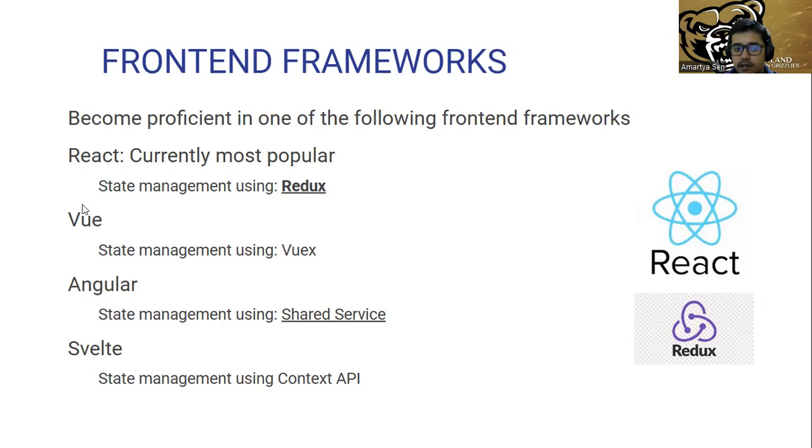For example, you have React, Vue, Angular, Svelte, and stuff like that. But the most popular and the most common one right now being used in the market is React.js. Okay, it's a library. It's a front-end framework library that is an extension of JavaScript. It's built using JavaScript.